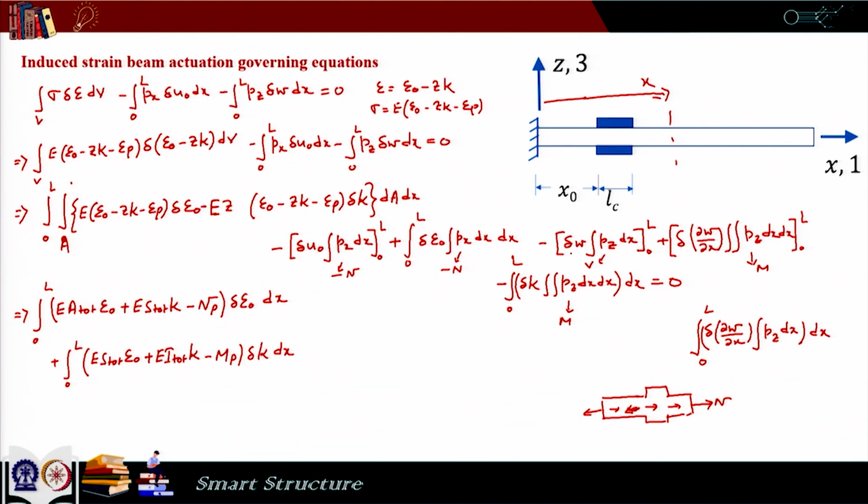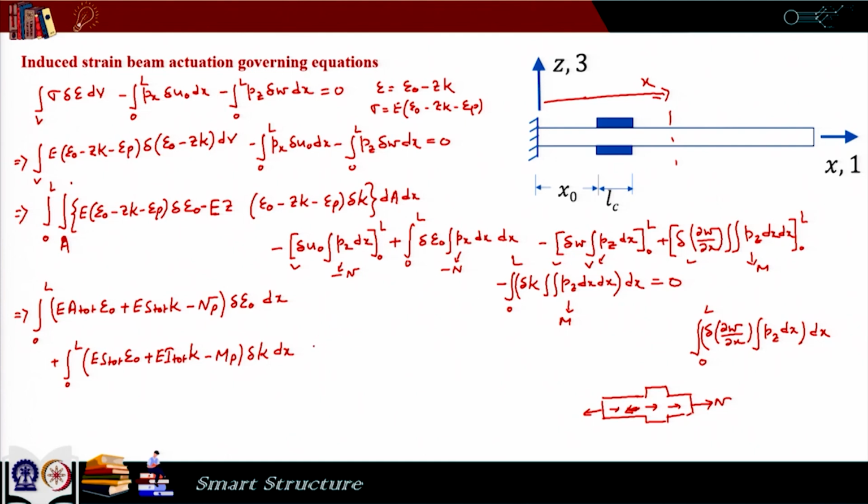So, delta W is 0, and at the tip there is no shear force. So, it is 0. Similarly, again at the clamped end the slope is specified, so delta of del W by del x is 0, and at x equal to L there is no bending moment, so m is 0. So, these terms are all going to 0, and I have this and this remaining.